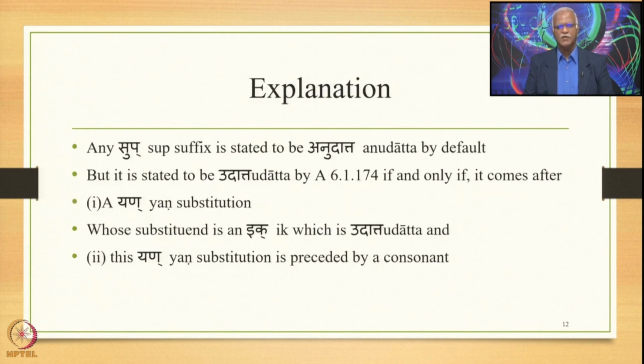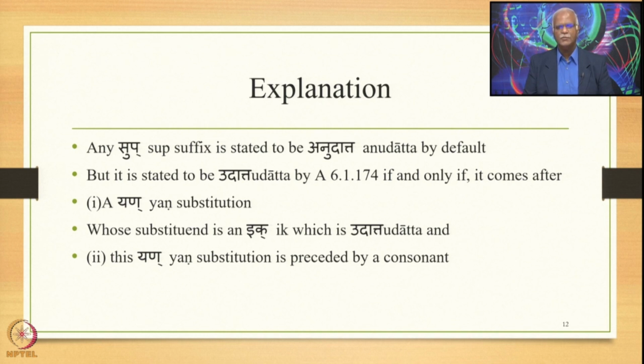So what is the explanation of udatta yano halpurvat? This is the explanation. Any sub-suffix is stated to be anudatta by default by the sutra anudattau suppitau. So the suffixes over here, including a, os and os, all of them, they are anudatta.